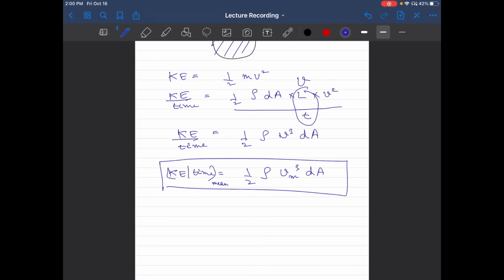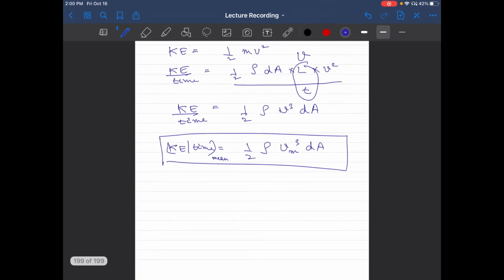On the other hand, we can also look at individual points and assume that velocity varies with the area. So in that case, KE per unit time would be given by half rho V cube dA.